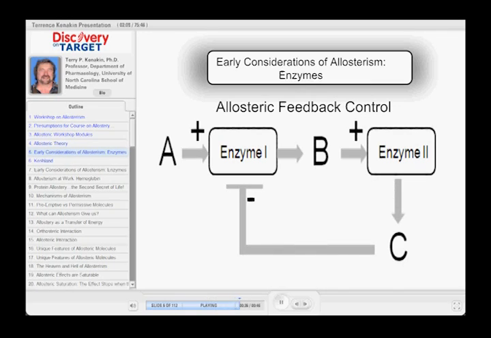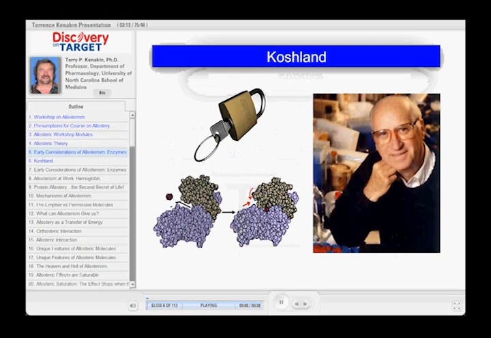So this started the idea that the enzyme 1 must have another site, and the two of them are linked up. Koshland was one of the earliest. If you read his work, it's brilliant, because before Koshland, proteins were thought to be pretty stiff.